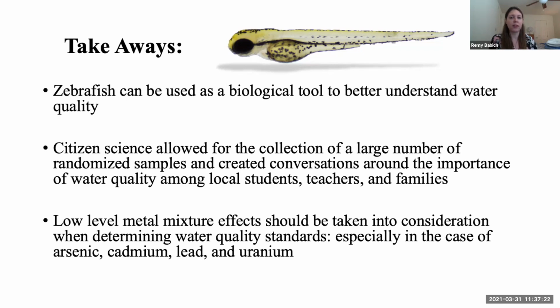So one of the next things that I'm really looking to do is get this data into an appropriate format for TUVA and let the students really manipulate it and make their own discoveries. I think that can be really great. And also, low-level metal mixture effects should be taken into consideration when determining water quality standards, especially here in the case of arsenic, cadmium, lead, and uranium.